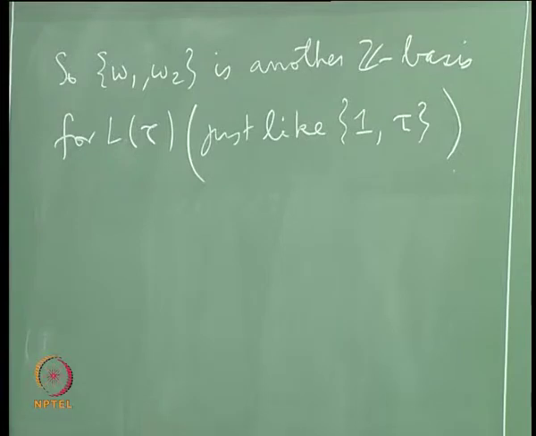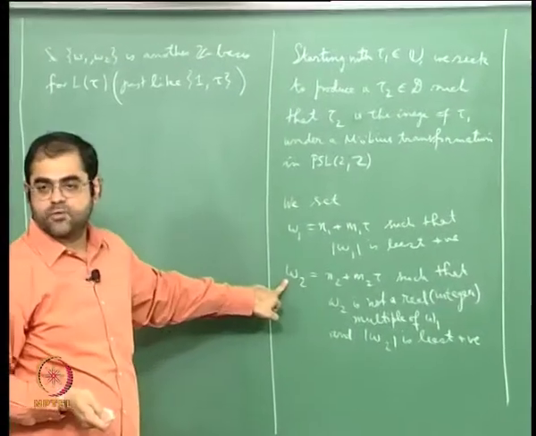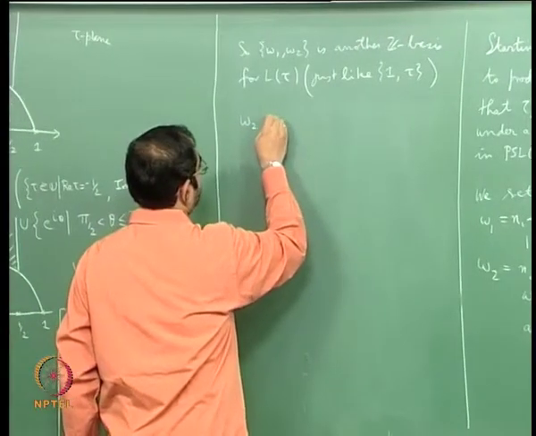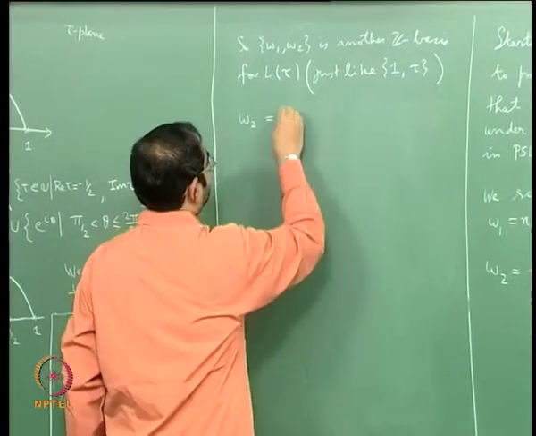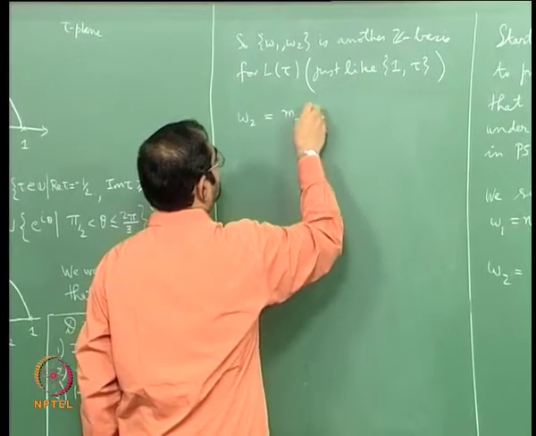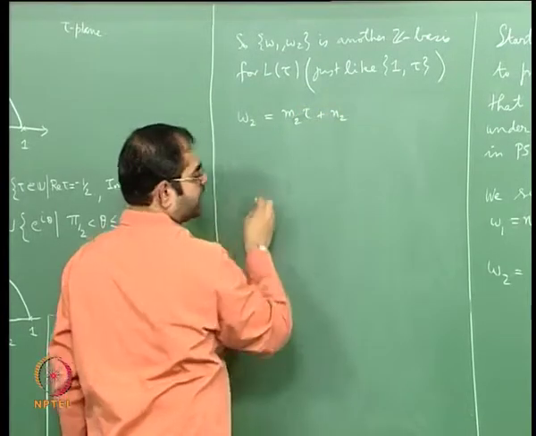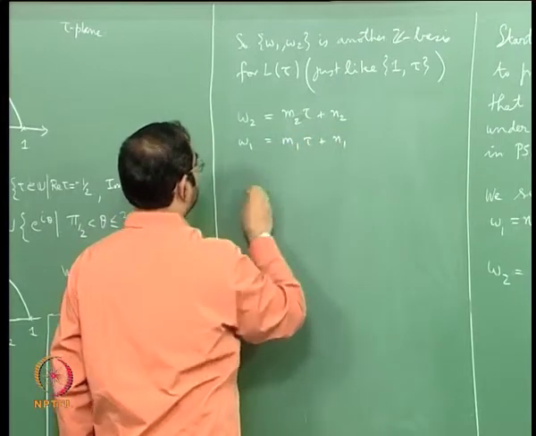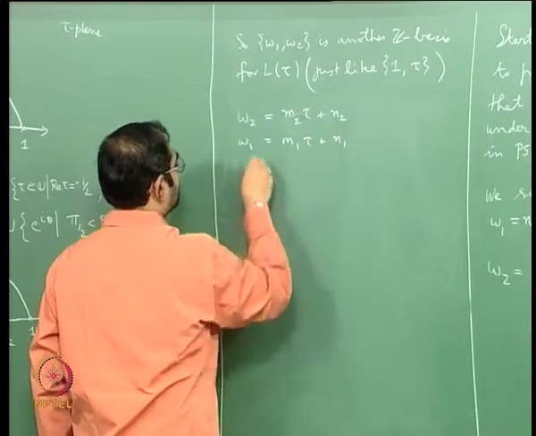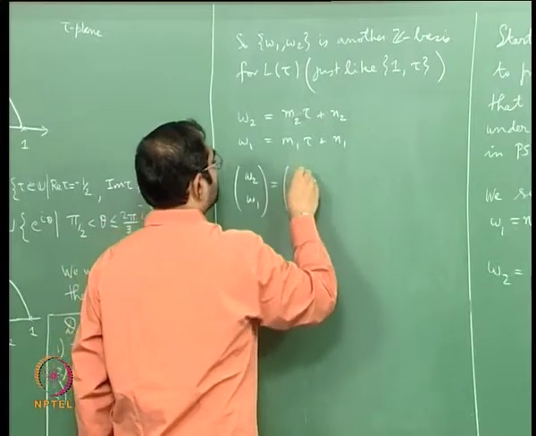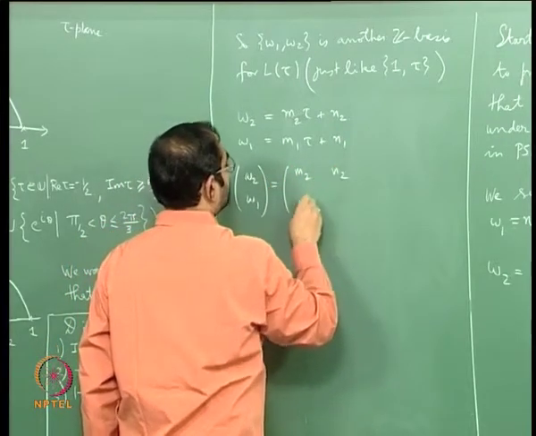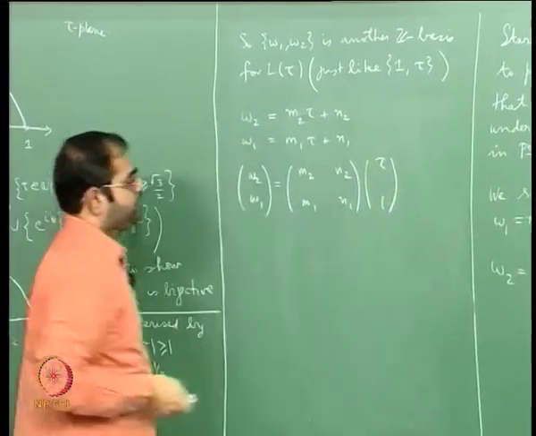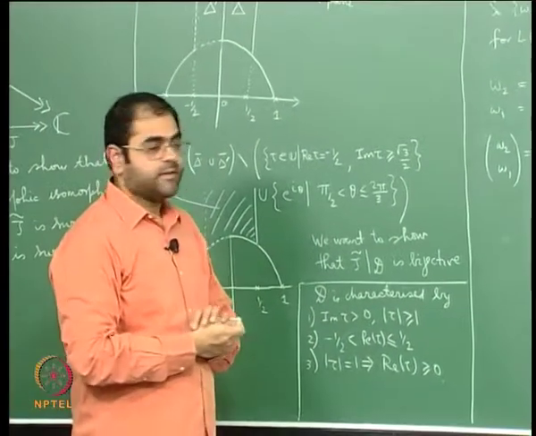Now you just write these expressions for ω1 and ω2. So ω2 is m2 τ plus n2, and ω1 is m1 τ plus n1. You can write it compactly in matrix form: (ω2, ω1) is equal to the matrix (m2 n2; m1 n1) times (τ, 1).